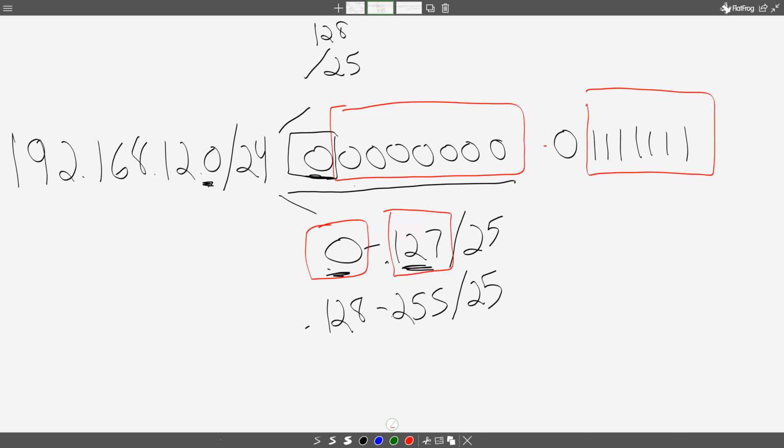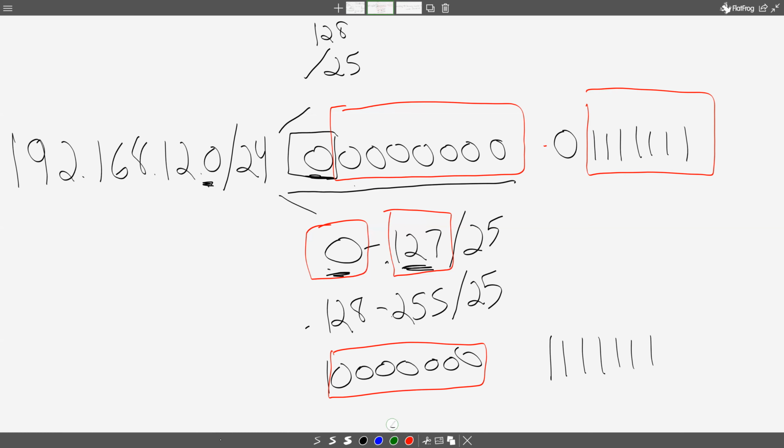Another good example, let's take 128 and convert it to binary. 128 in binary is 1, 2, 3, 4, 5, 6, 7, 8. You'll notice all the host bits are zeros. Now 255: 1, 2, 3, 4, 5, 6, 7, 8.